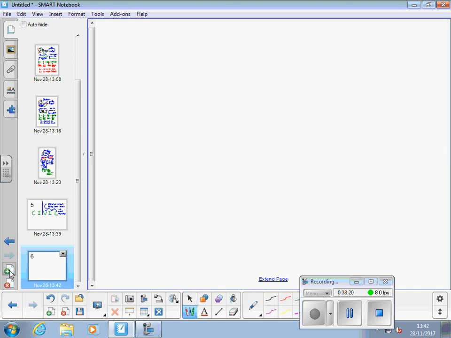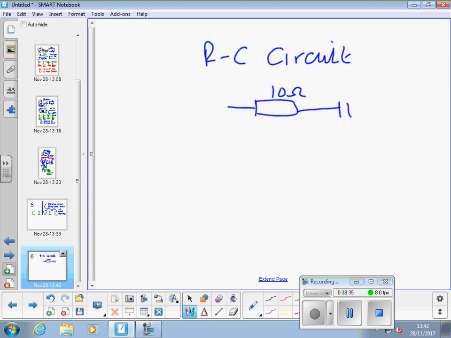So, RC circuit. 10 ohms, 6 ohms, angle minus 90.